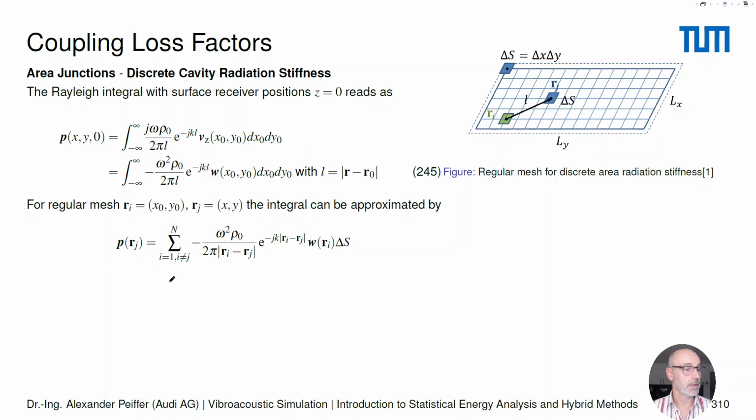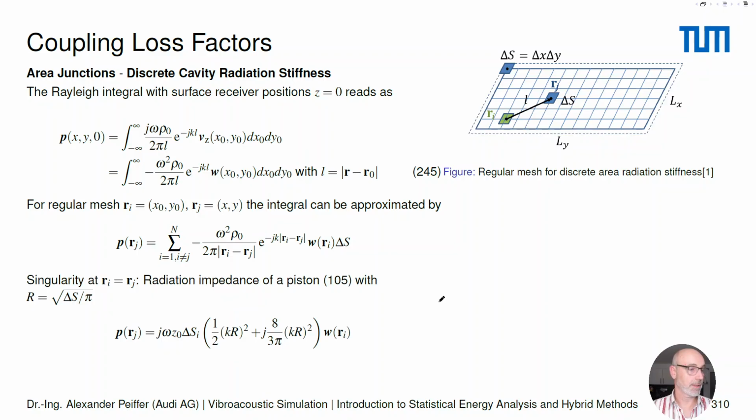Then we can change from the integral formulation to a sum, using this expression here on top, and just summing up, using the specific surface, which is the surrounding surface in this regular grid. From this pressure, we can then also calculate the force, but that is something we will do later.